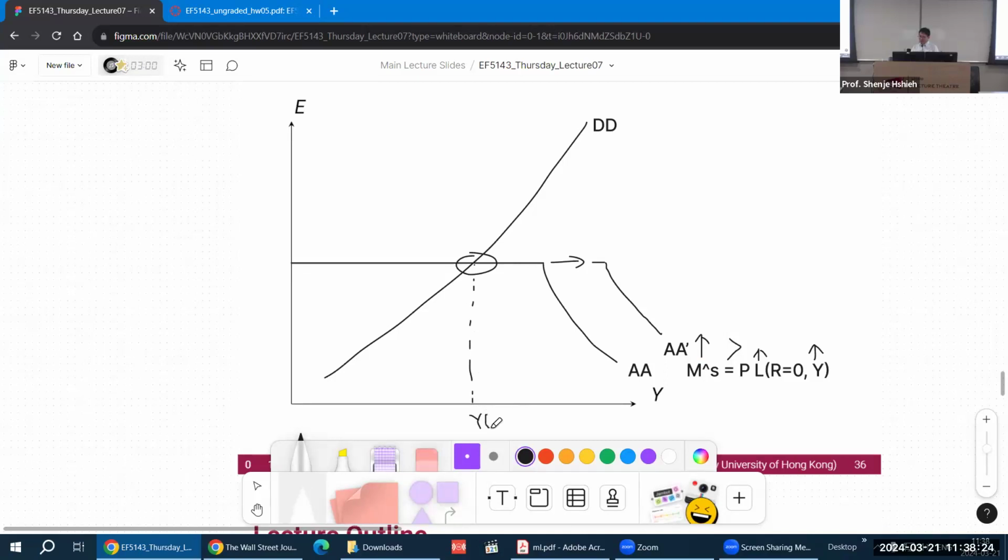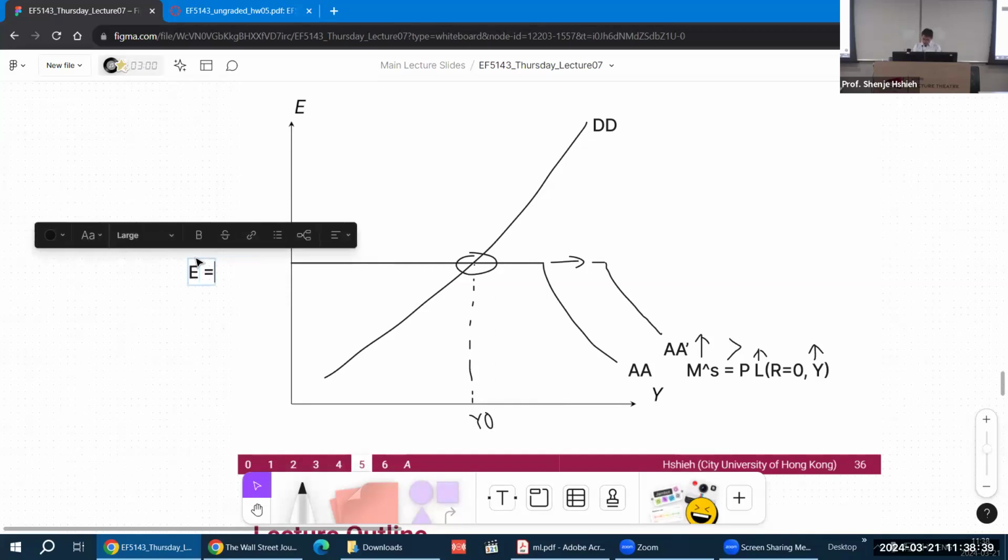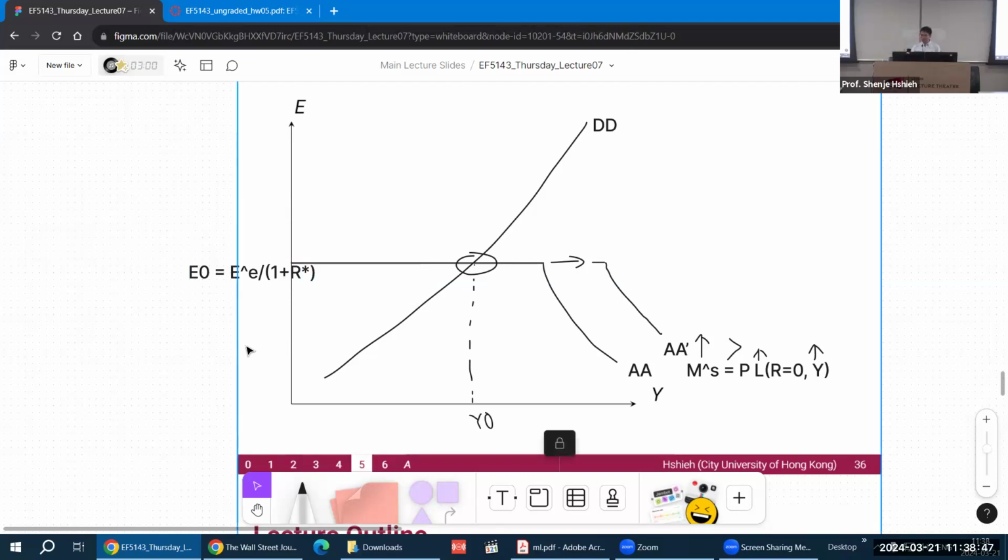No matter what I do with MS, no matter how much I increase MS, I'm forever stuck at this point here. Do you agree? So our E naught is equal to E hat E divided by 1 plus R star, right? That's just from the previous slide. So we're stuck, right? Money supply, monetary policy is useless.